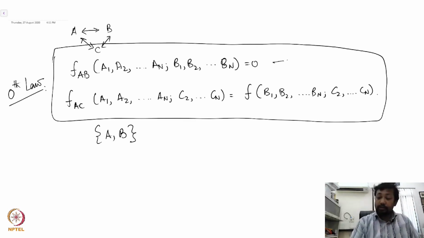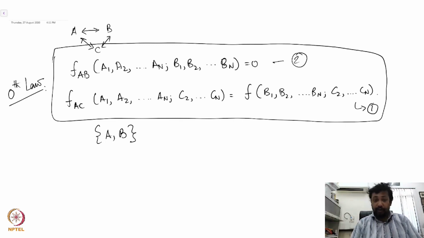So let's call this equation 2. Well, it's the other way around, but this one we had earlier, therefore we'll call this 1. So I can choose any set of parameters in A1 and A2. If I increase one of the parameters in A, then the corresponding parameter in B should also decrease, so that this constraint equation in 2 is satisfied.